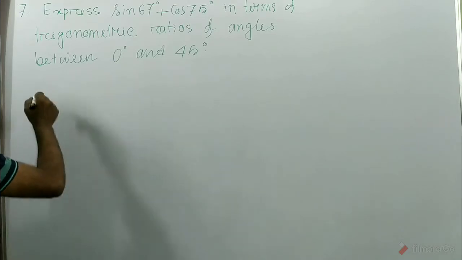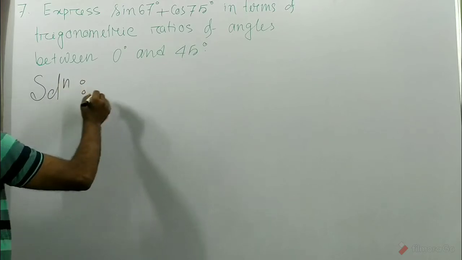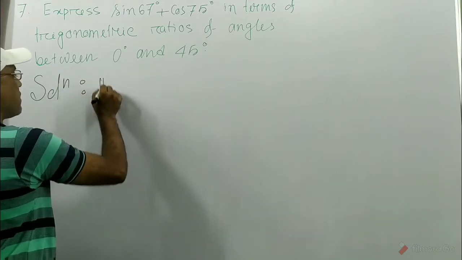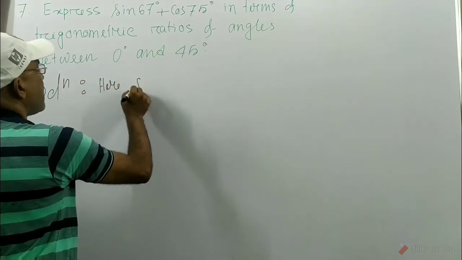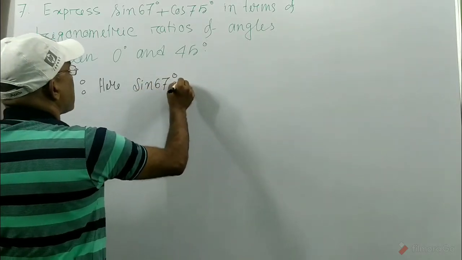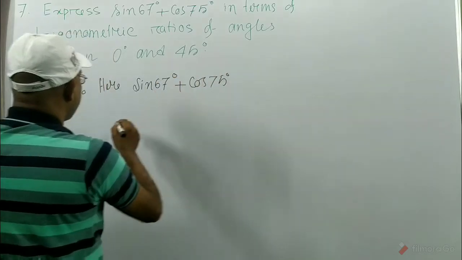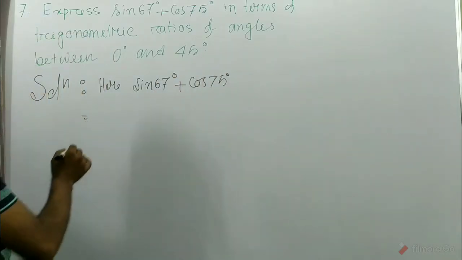Now the solution is easy. Here we have sin 67 plus cos 75 degrees.